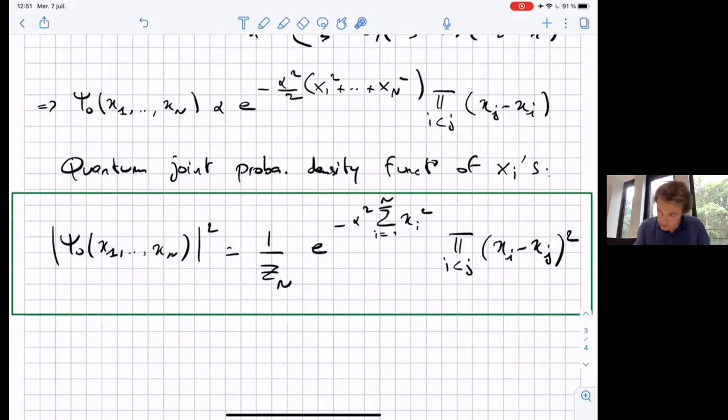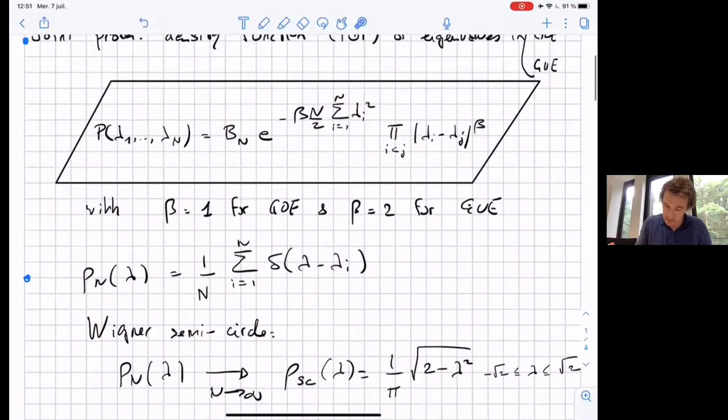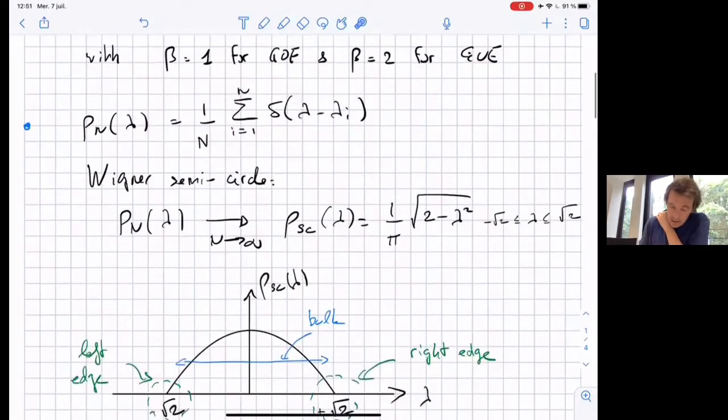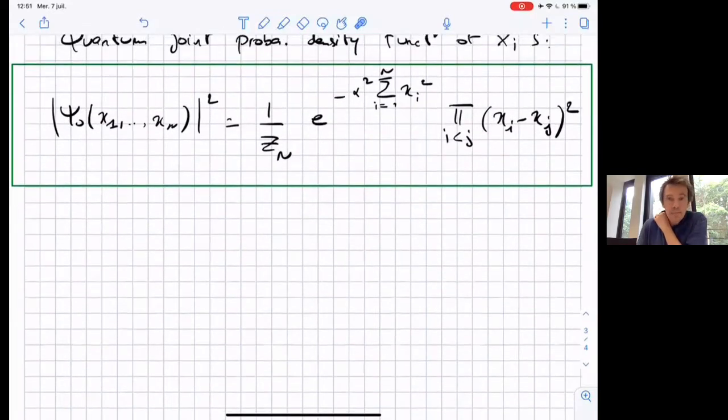Okay, so in other words, if I just go back to this nice expression that I showed you in the previous lectures, which is this joint distribution, you see that if I set beta equals 2, then N lambda_i squared is like alpha x_i.